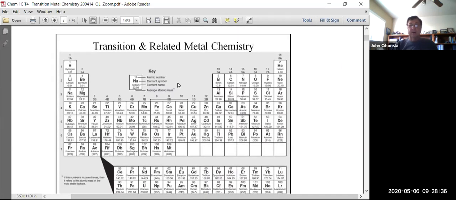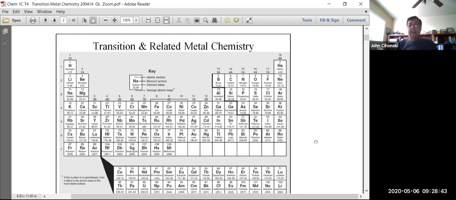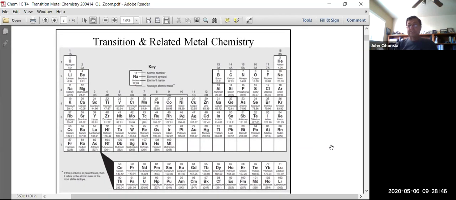Obviously, this is a periodic table. Now, whenever we talk about the transition metals, there are several ways to consider it. We can look at these metals here in this box that I'm outlining, scandium through mercury mainly, as transition metals, or we can look at all of these metals, including this row down here, okay?